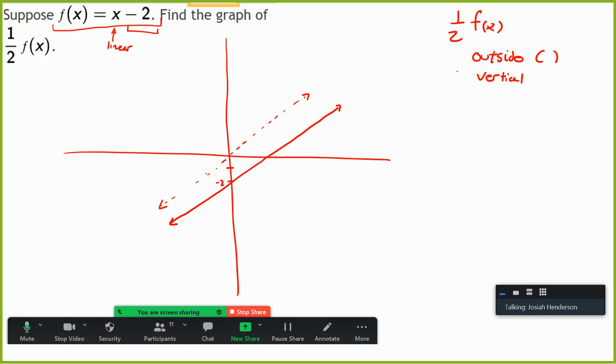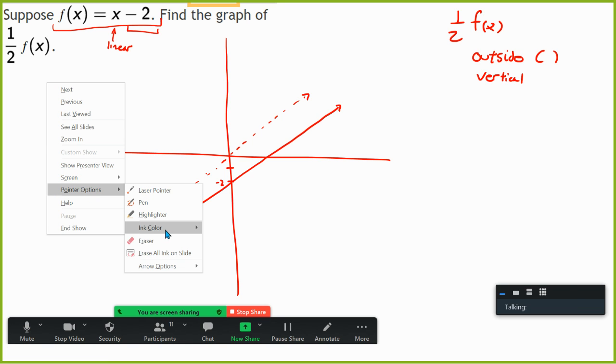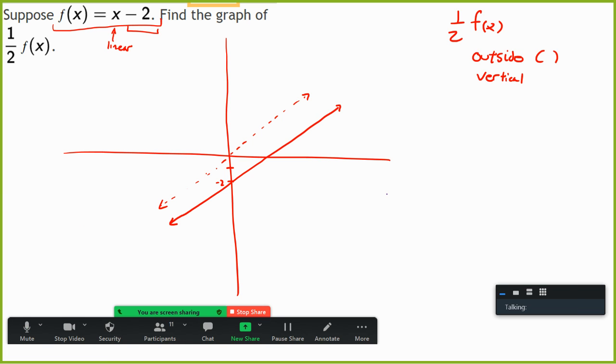So if I multiply half to something, it gets smaller, right? So what's happening here is vertically, every point on the parent is being multiplied by a half. Think of the x's staying where they are, but the y portion, the height of it, is being multiplied by a half. So for example, let's pick a spot right here in purple.